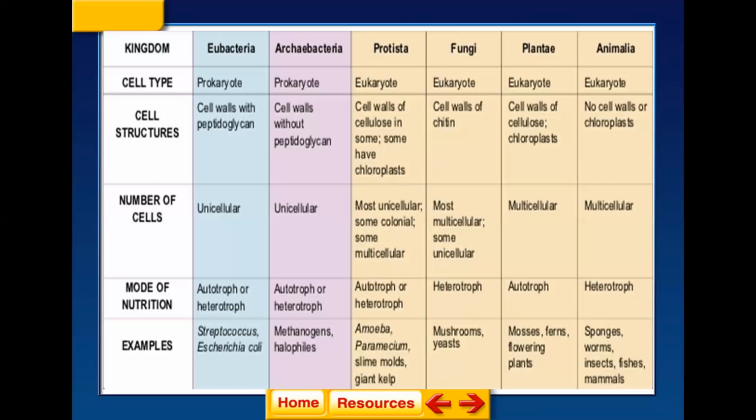They depend on others, like also some bacteria, some archaea, some Protista, but all fungi and all Animalia are heterotrophic. This is in terms of nutrition, the way they obtain food. And the examples are a lot.